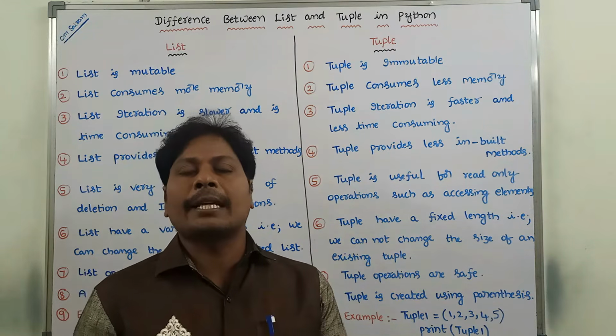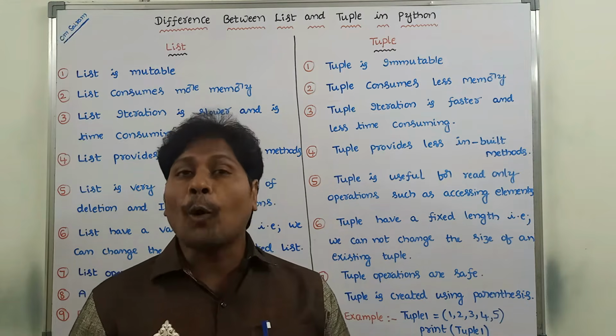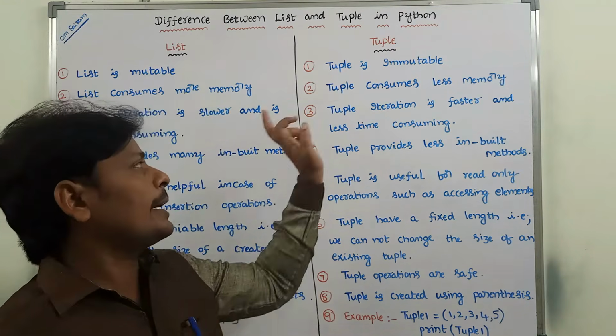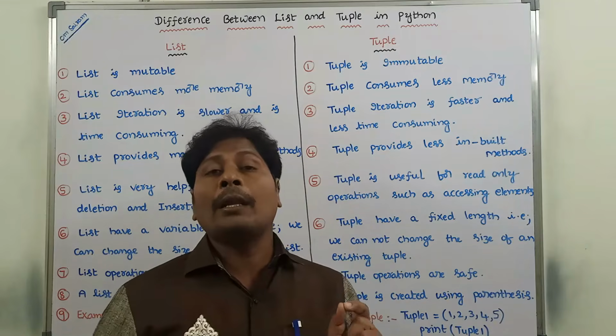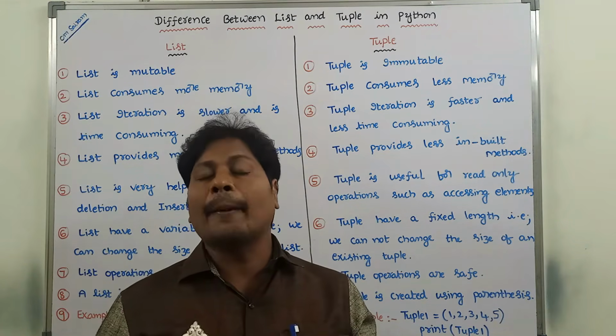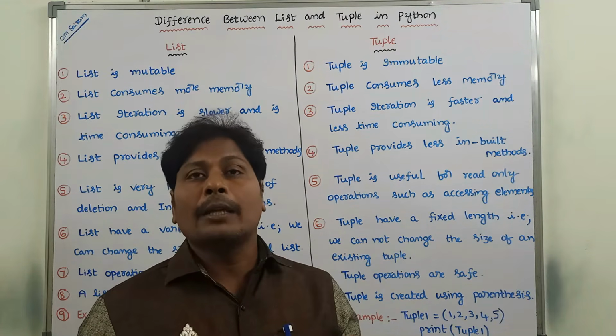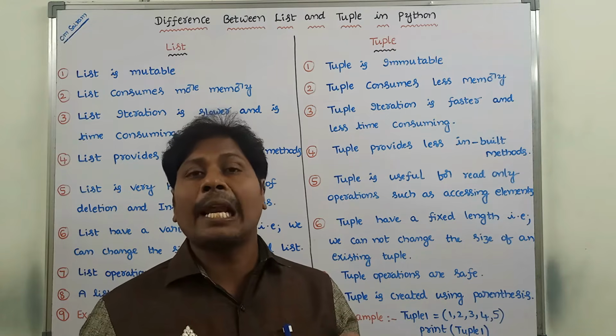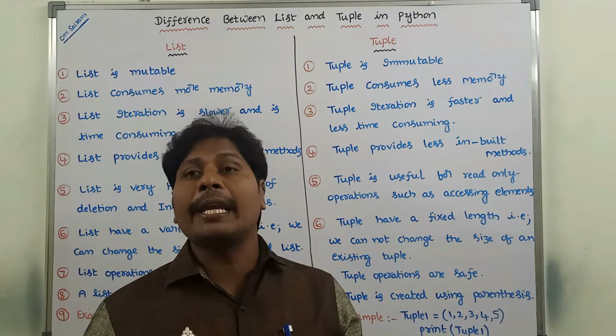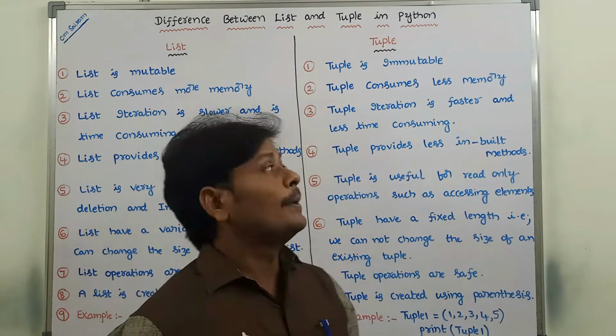Because of that reason, list consumes more memory. Whereas tuple consumes less memory because a tuple uses only a single block of memory. It does not require any extra space.